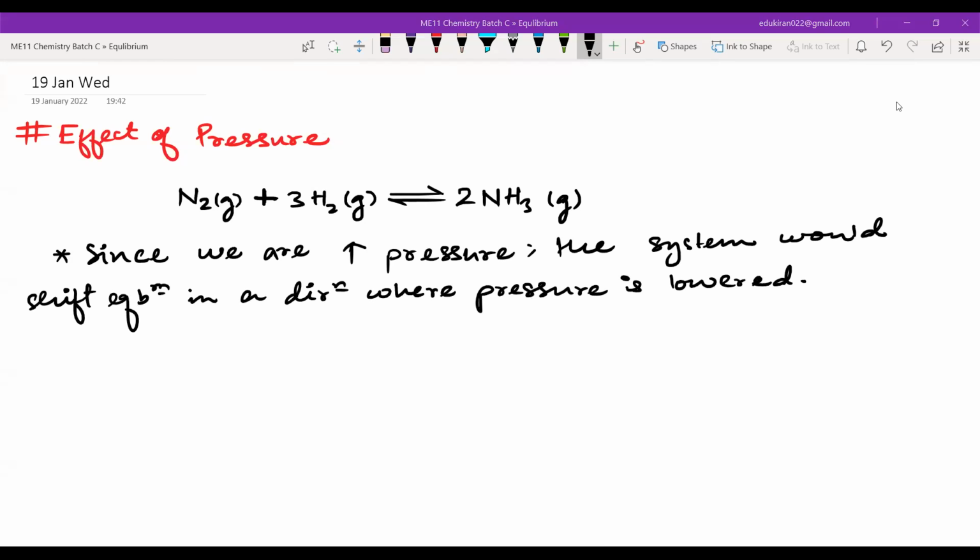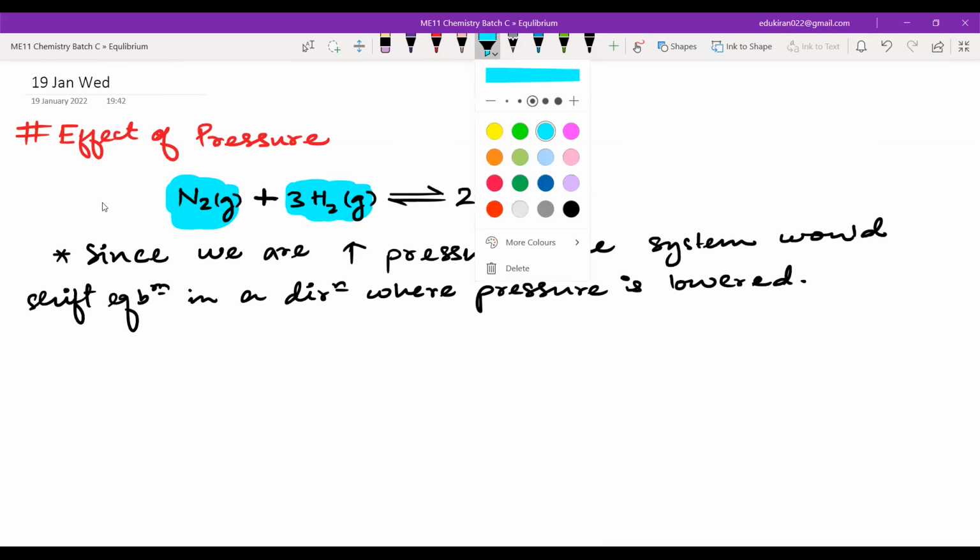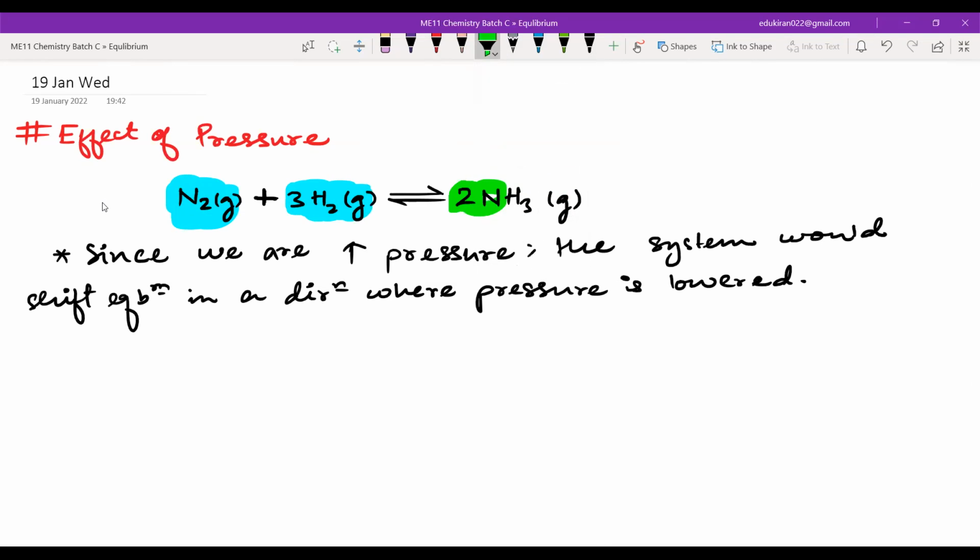Now how can I say on which side the pressure is lowered, the right hand side or the left hand side? You have to look at the number of moles of gases. In the reactant side we have gases, and in the product side also we have gases. So where do I have more moles of gases, in the reactant or in the product? The reactant.